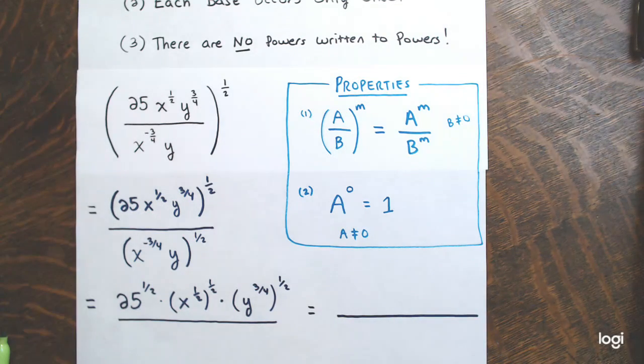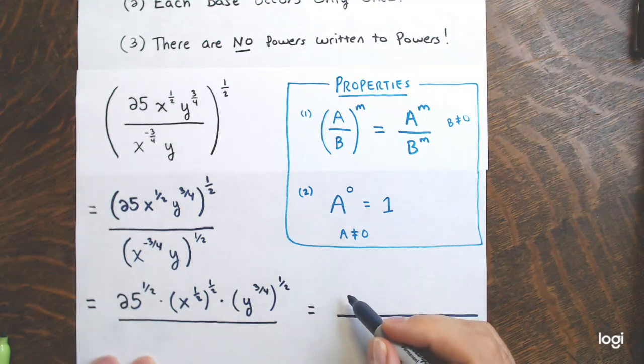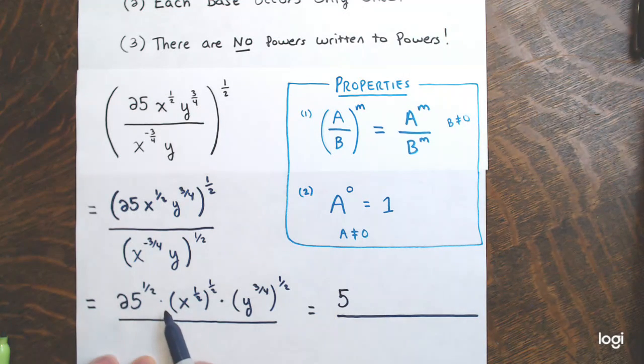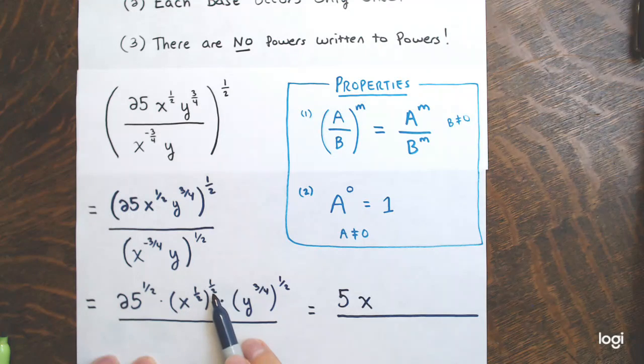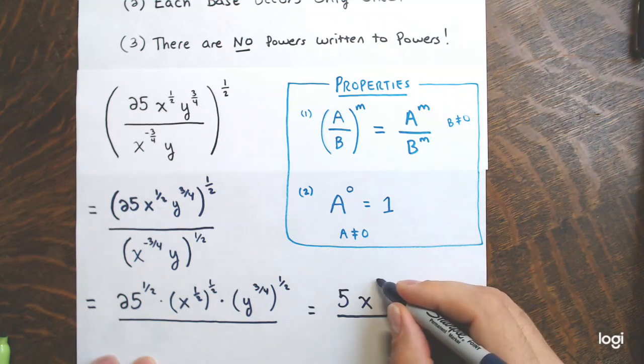Simplify the numerator first. 25 to the half, I actually know. 25 to the half, that's just the square root of 25. The non-negative square root of 25, that's 5. So that's 5 times, and then I'm going to skip a little ahead here, one step. Remember here I have power to a power. x to the half, and then that again to the 1/2. So I have times x to the 1/2 times 1/2. 1/2 times 1/2 would be 1 times 1 in the numerator, 2 times 2 in the denominator.